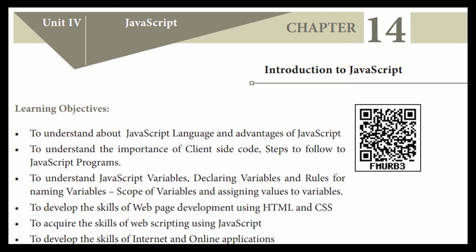And at last you'll be learning about JavaScript comments. Same like HTML comments, here also in JavaScript you will have comments. A single line comment will start with double slash. Two slashes will be there. If it is a multiple line comment, it will start with a slash and a star, or slash and asterisk, and all the comments will be written inside, and at last again star slash.